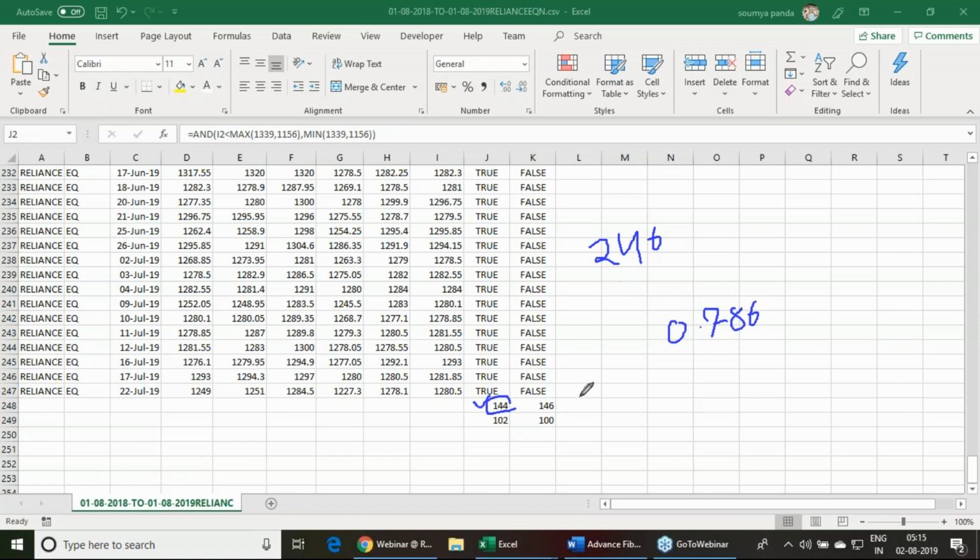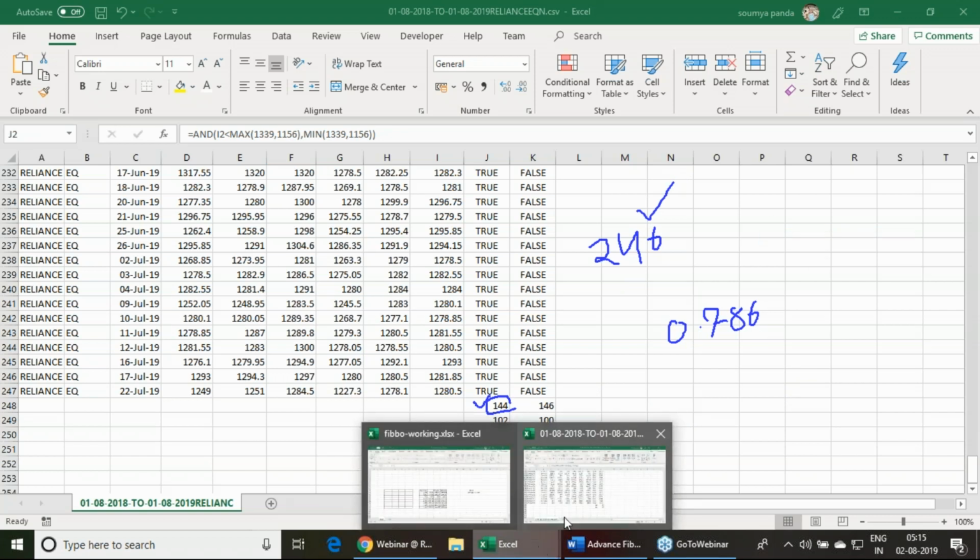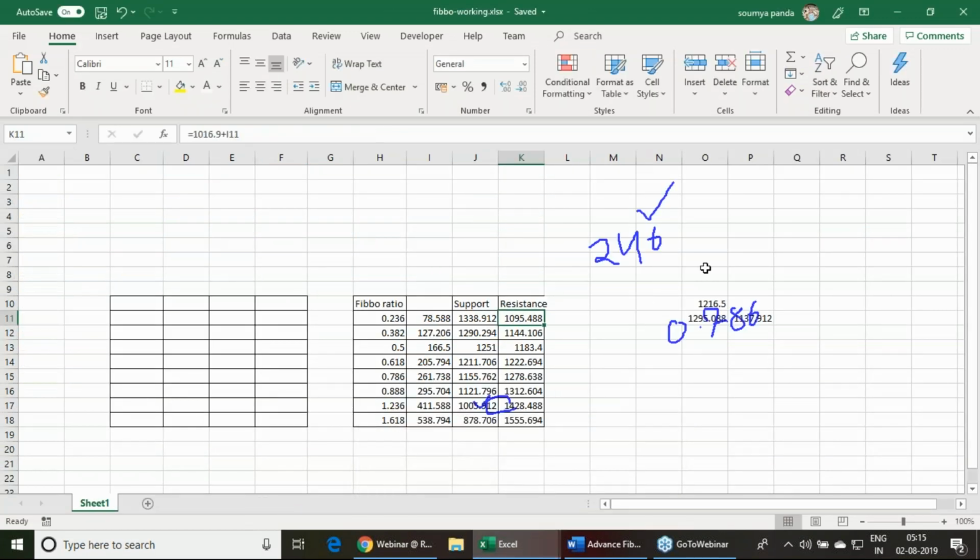In the same way, I'm simulating how many days, out of these 246 days, I was in the buying zone, where I got a chance to buy and was ruling above that level. I got a chance to buy at 1096 and achieved 1279.